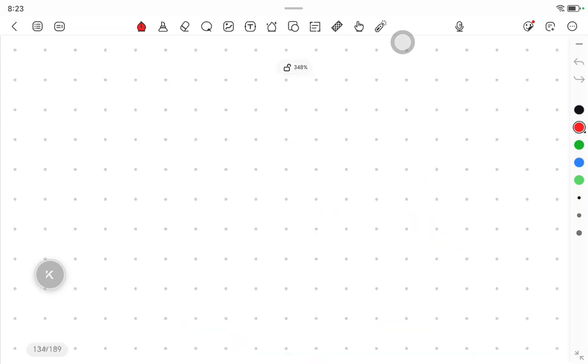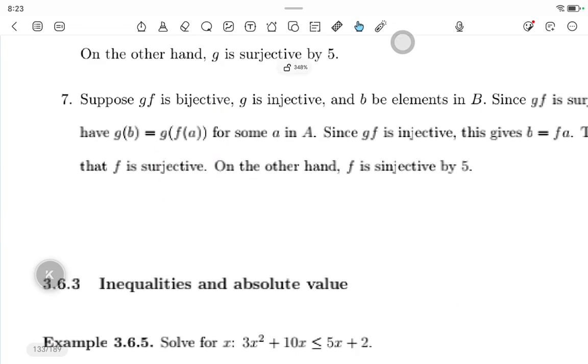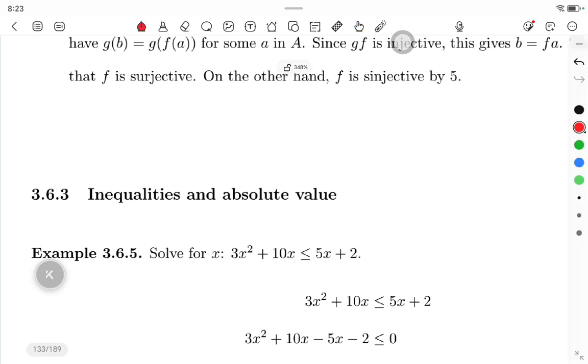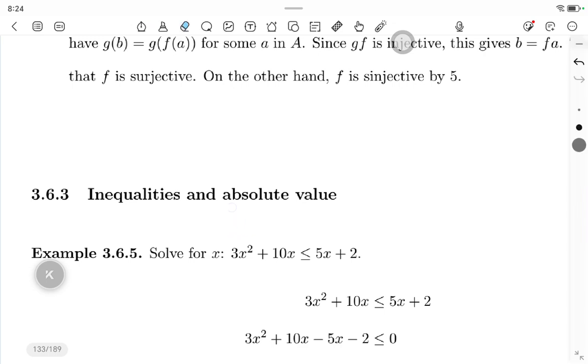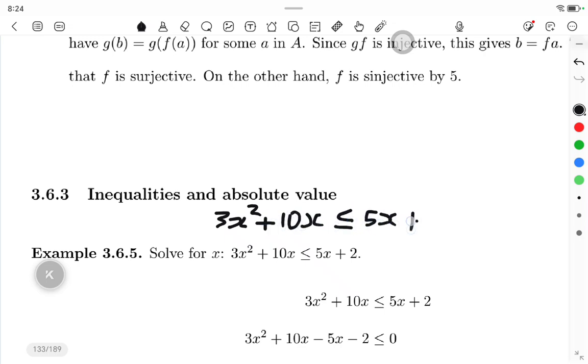What was the question? Let me see. Maybe I can do it step by step. The question was saying, if we're given 3x squared plus 10x, which is less than or equal to 5x plus 2.